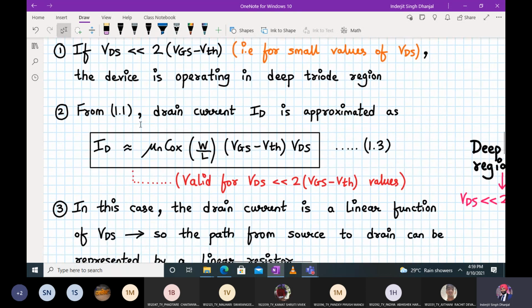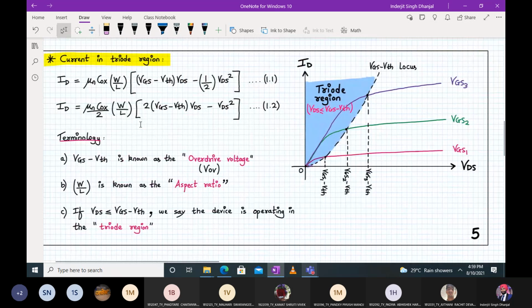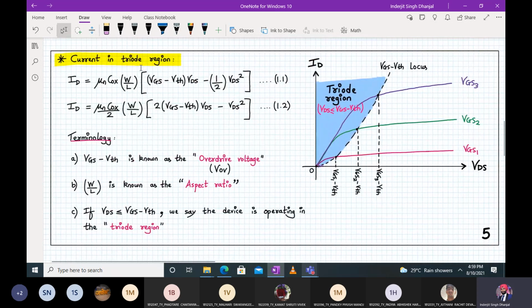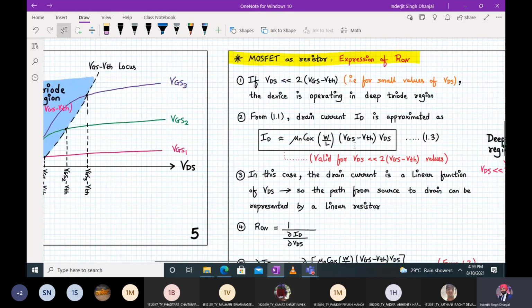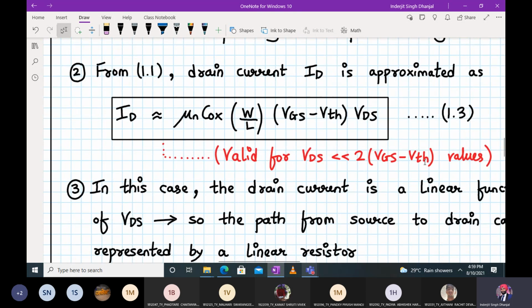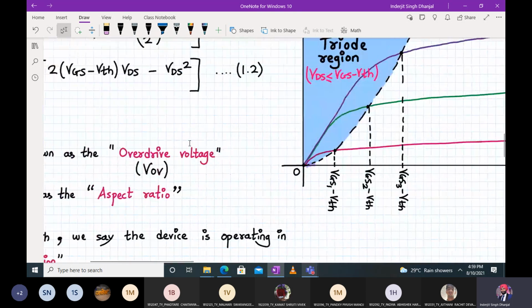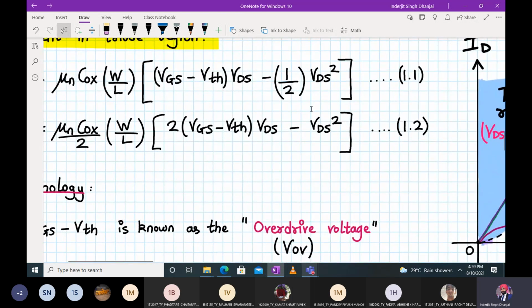From equation 1.1, where is it? Here it is. From this equation, we have to approximate VDS to be very, very small compared to twice VGS minus VTH.